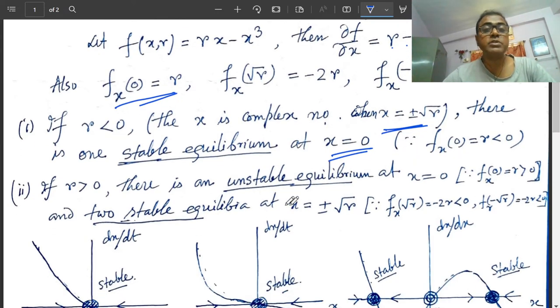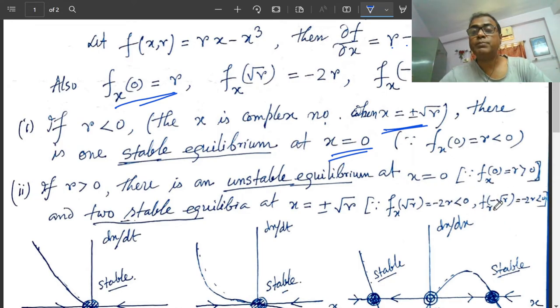And when r is positive, the origin is unstable, because ∂f/∂x at the point 0 equals r, which is positive. So this is an unstable equilibrium point, and there are two stable equilibria, x = ±√r. ∂f/∂x at x = √r equals -2r, and since r is positive, this is negative.